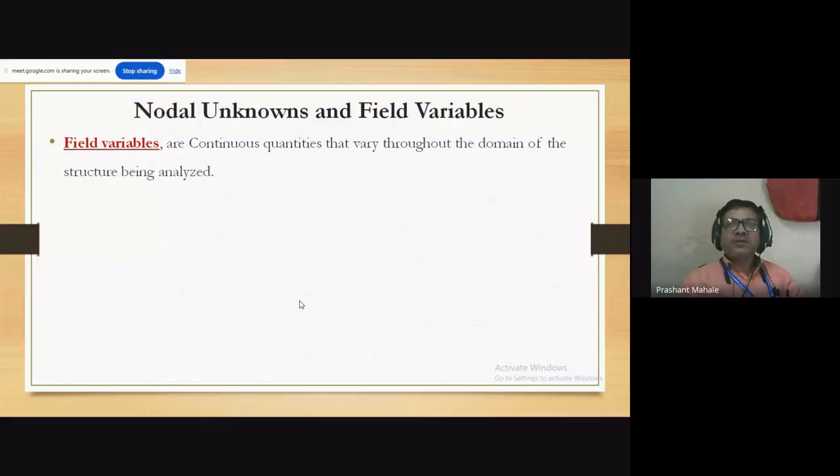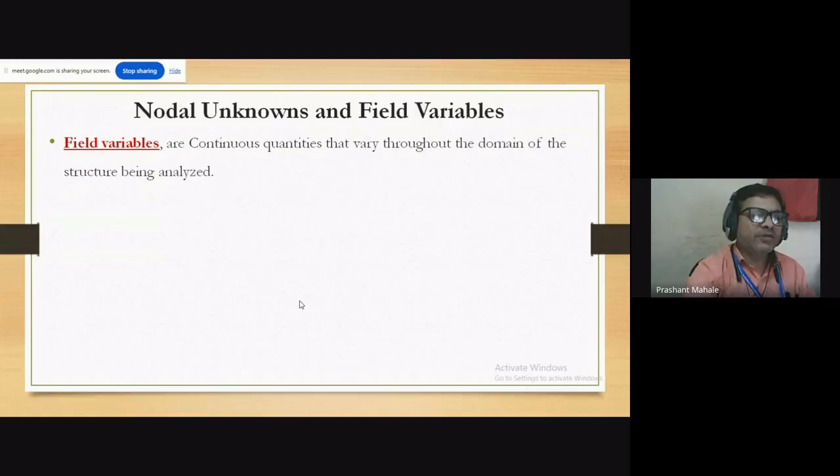These are the terms that we use in that subject. In CAE, nodal unknowns and field variables are also some of the terms which we are going to use in the subject. So nodal unknowns are the degrees of freedom or displacements at nodes, and field variables.